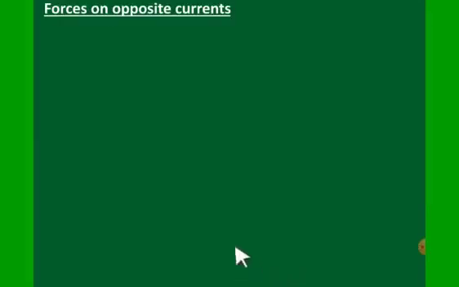Now let's see, if the two parallel current carrying conductors are flowing current in opposite directions, then what will be the nature of the force? Let's see. Now let's take it that the current carrying conductor PQ, as we have said, has current flowing, say, upward in this direction.